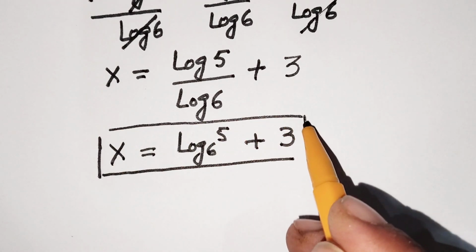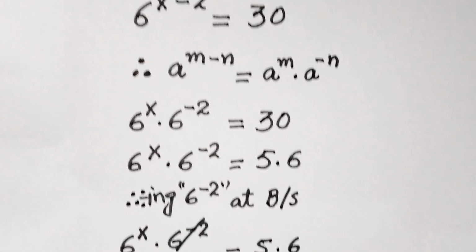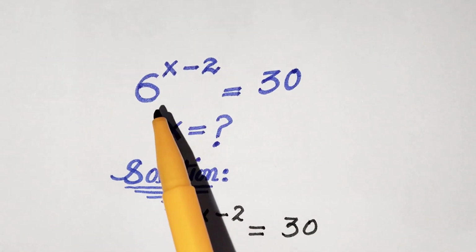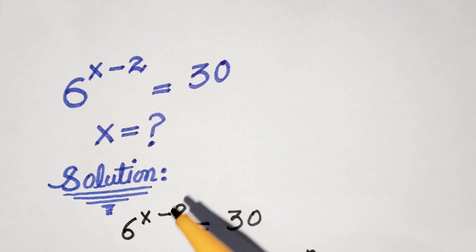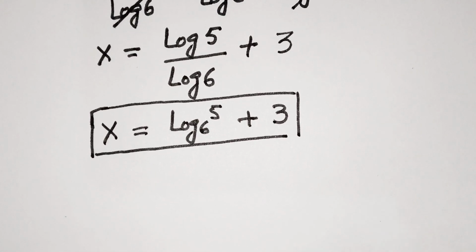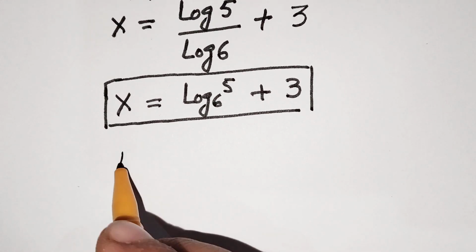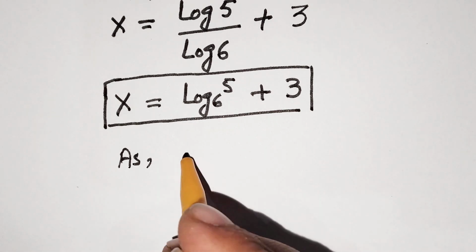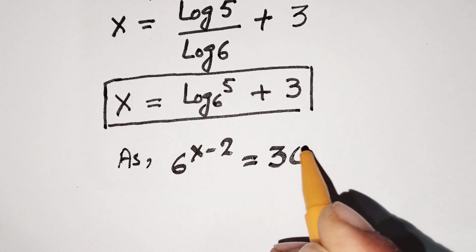We can also verify this value. When we put this value in the equation, 6 raised to the power x minus 2 should equal 30.